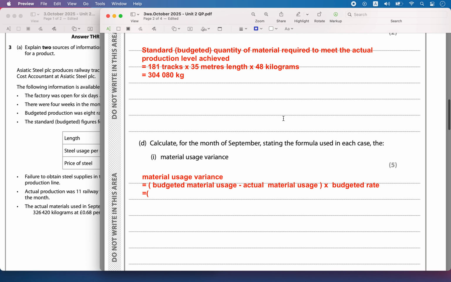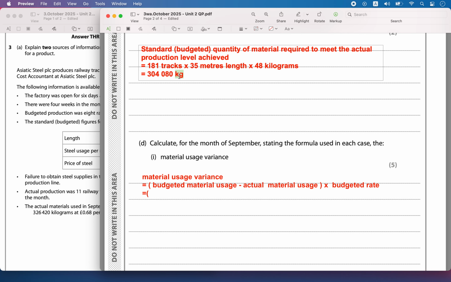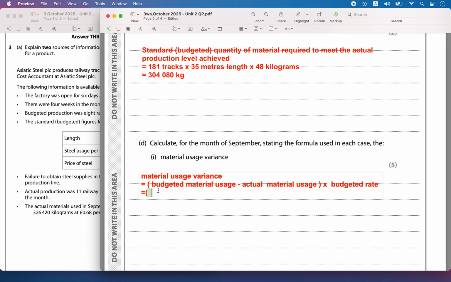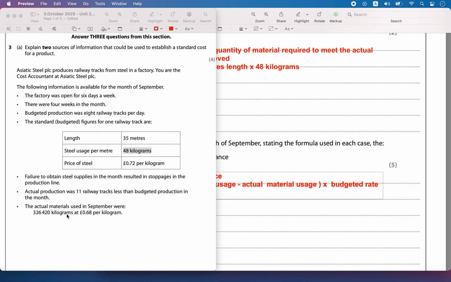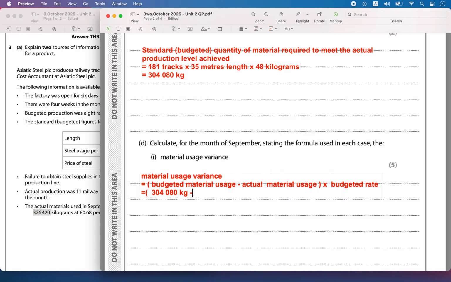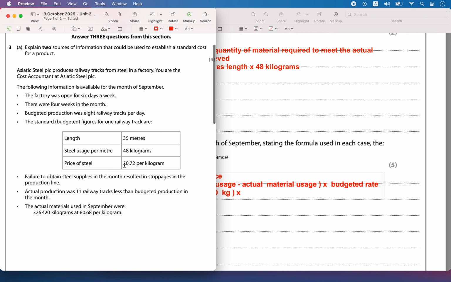That is going to be equal to budgeted material usage. We can see that the standard material quantity that had to be used was 304,080 and the actual was 326,420 kg, times the rate. What was the budgeted material rate?